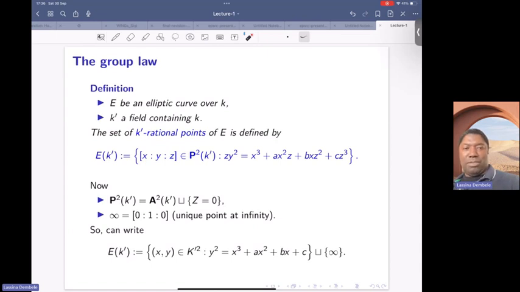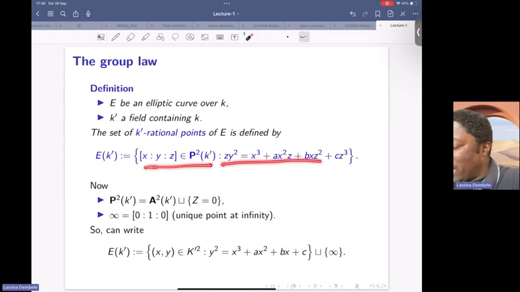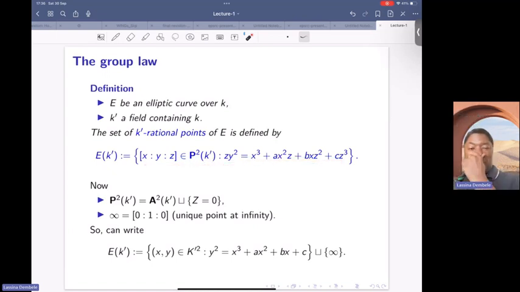And so how do we define the set of rational points on our elliptic curve? It's defined as follows. So again, the running assumption is that our elliptic curve is defined over K. We let K prime be a field which contains K. And then the set of K prime rational points is given by taking the K prime rational points of the projective plane which satisfy our cubic. Right. So that's how we define the K rational points.